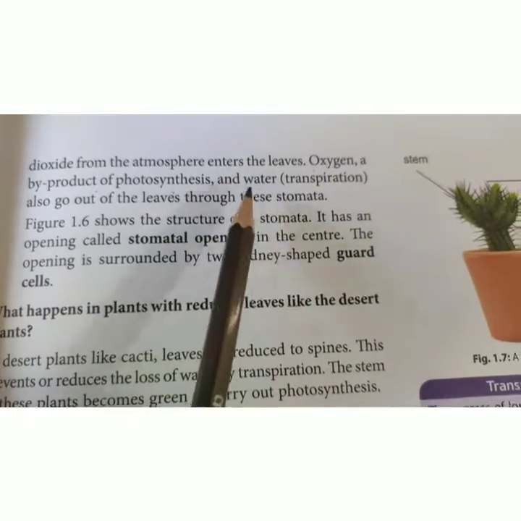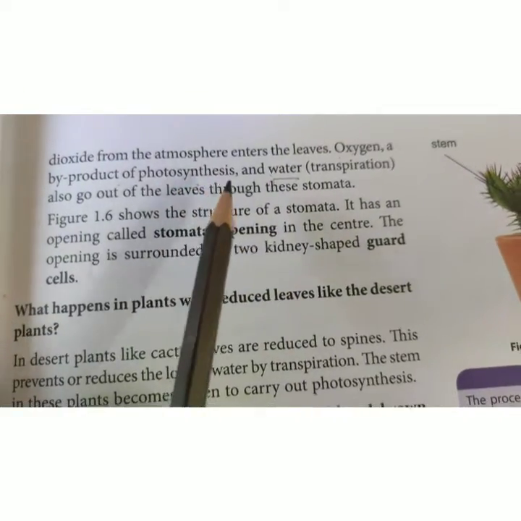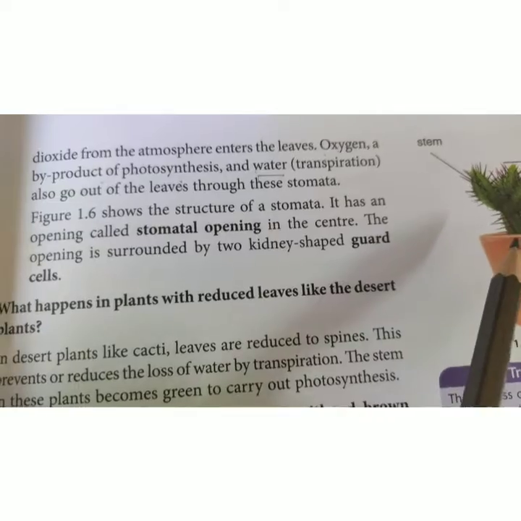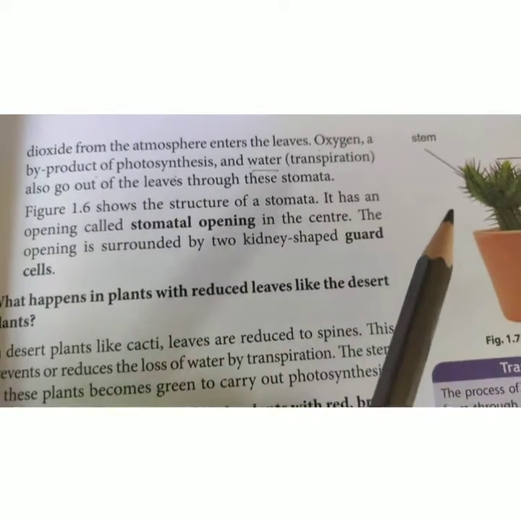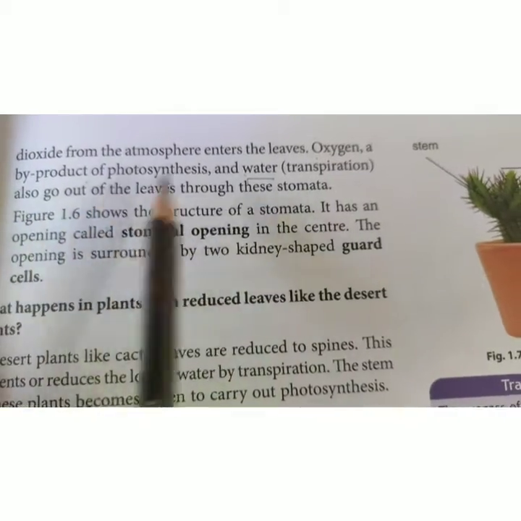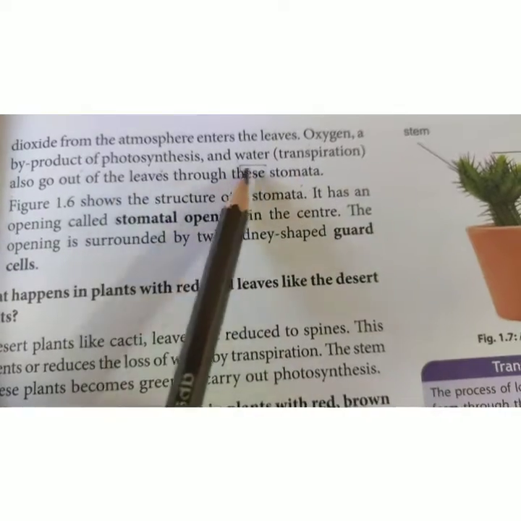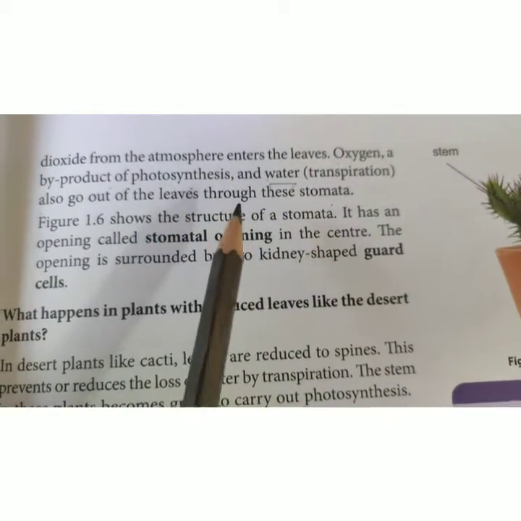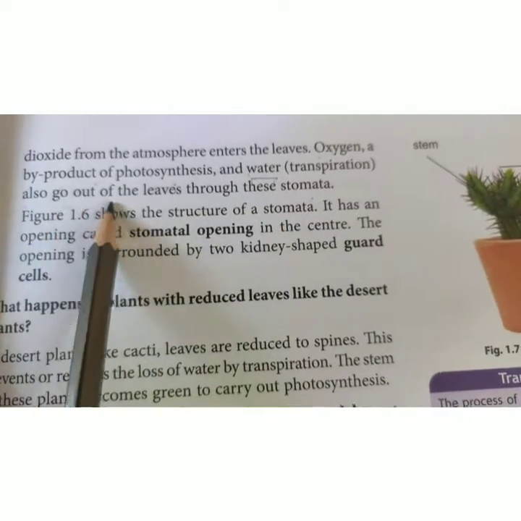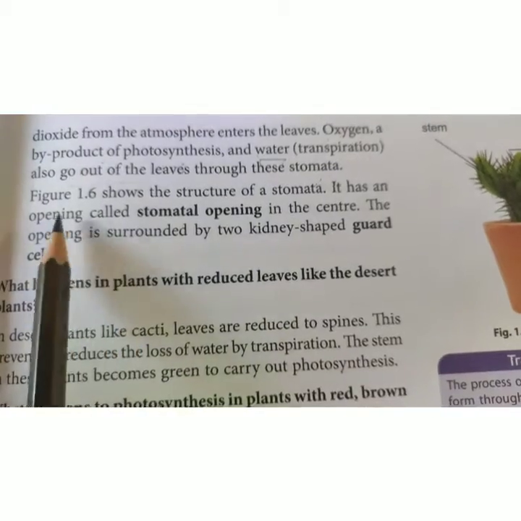Oxygen and water, these two are the byproducts of photosynthesis, which we get after the photosynthesis reaction has taken place in the leaf. This water also goes out from the leaf through the stomata. The oxygen and water formed after photosynthesis come out from the leaves through the stomata. Now what is stomata? I'll be explaining it to you.